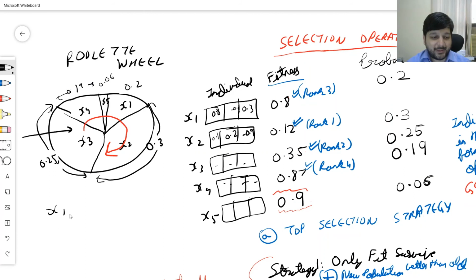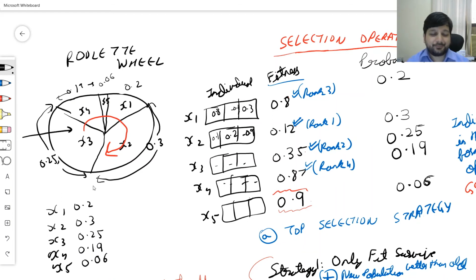So you have x1, x2, x3, x4 and x5 with 0.2, 0.3, so what you say is that I take a new axis system starting from 0 here that goes all the way up to 1 here.